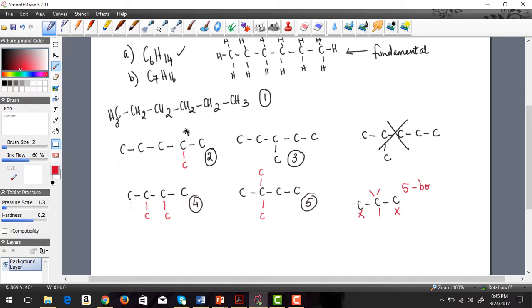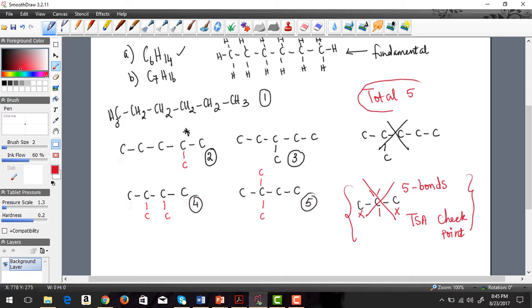As I said, carbon cannot have 5 bonds. It can only have 4 bonds. So we are officially done with our isomer search. This is the TSA checkpoint I was talking about. You can't go any further until you get checked by the TSA staff, right? That means how many isomers do we have? We have a total of 5.